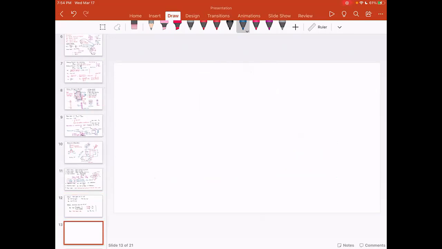Now, important proportions for the bevel gear. So first one is addendum.